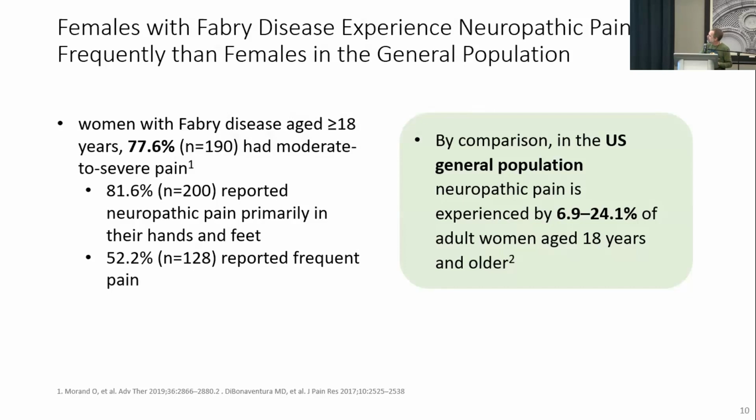And again, you can see, in the adult population, in the general population, 7 to 24% experience pain. But in the study that this data was pulled from, 77% of the adult females experienced pain. And of those, a substantial number reported frequent pain. And it's very commonly quite severe as well.